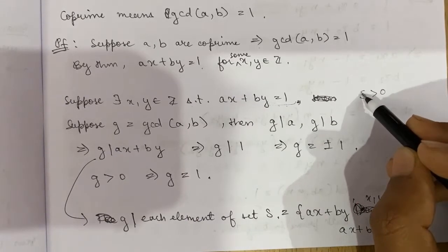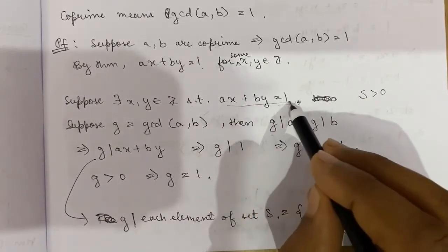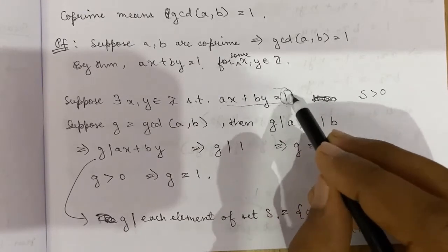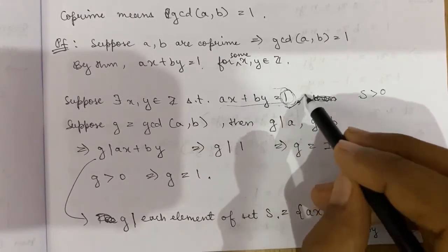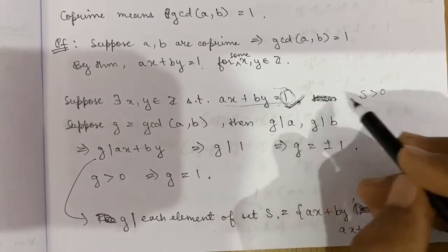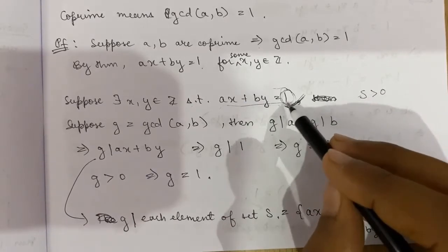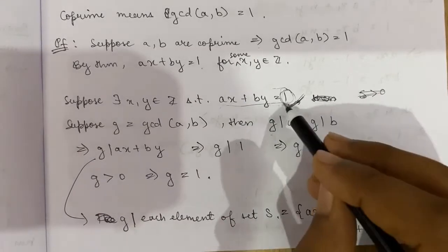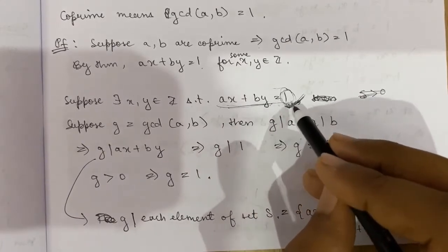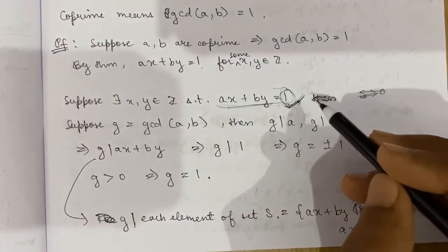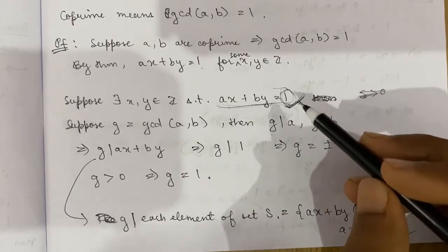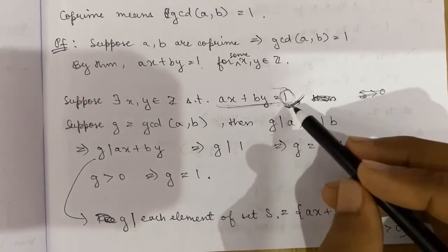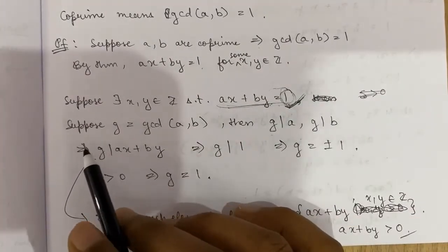So ax plus by equal to 1. So 1 should be the minimum element in S, because all the elements are greater than 0 and the next possible value is 1, and 1 is attained by some x and y, which means 1 is the minimum element, which shows that the GCD of A and B is 1. But let's look at the full proof.